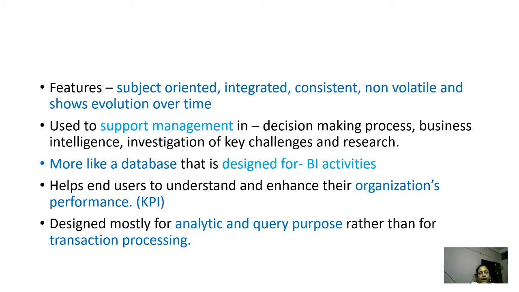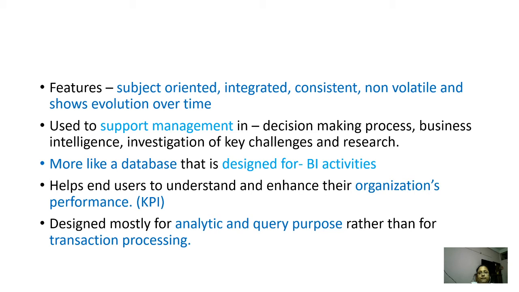The data warehouse has features like subject oriented, integrated, consistent, non-volatile, and it shows the evolution over time. Subject oriented means the data warehouse will contain data from different subject areas. As I mentioned earlier, that data can come from the HR department, admin department or operation department, and finally the data has to be integrated, because to run one organization all the departments should cooperate with each other.